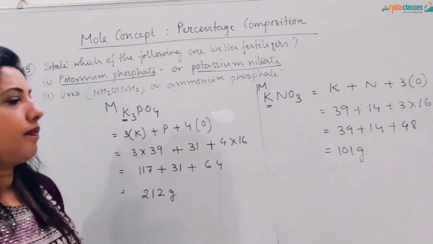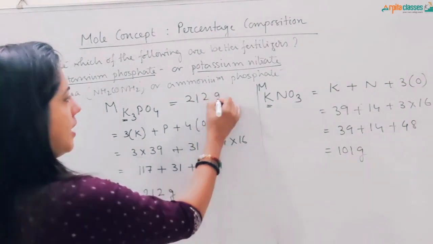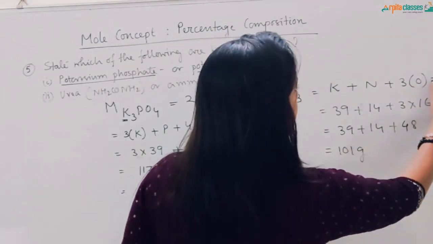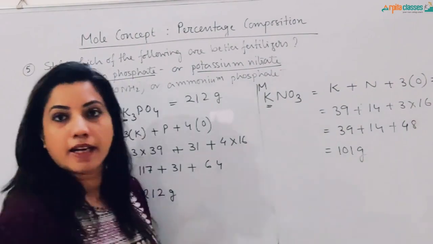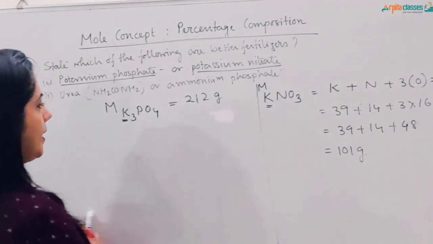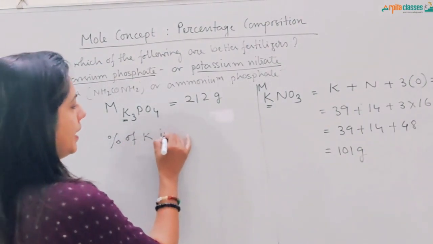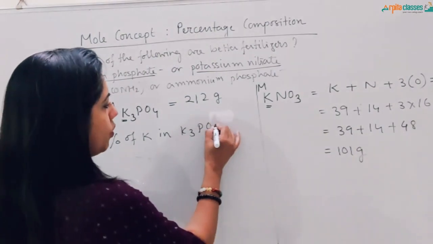Yes, now we'll find out the percentage of potassium. So I'll write it here so that I'll rub this part so that I can continue with the rest of the portion. So we'll find out percentage of potassium in K3PO4.